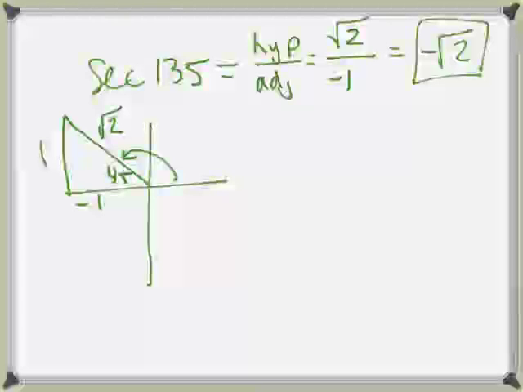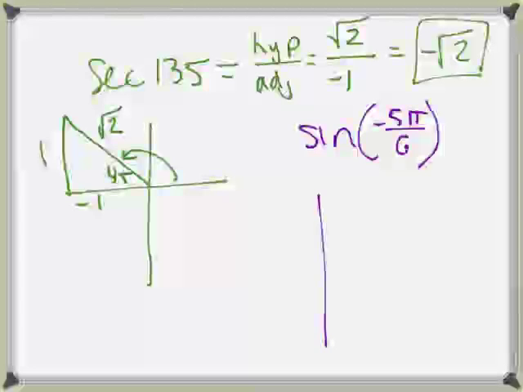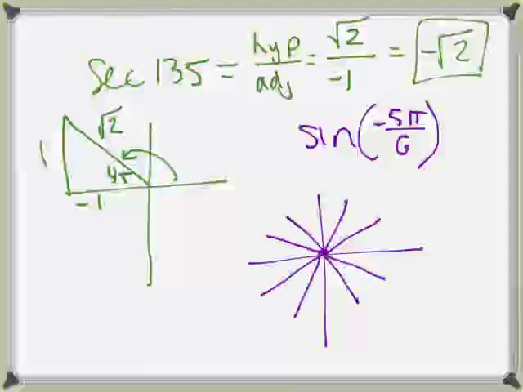And the last example is the sine of negative 5 pi over 6. So begin with a graph. For radians, we do the denominator number of pieces in each half. Begin at the positive x-axis, go around numerator number of pieces, so negative 5 pieces.